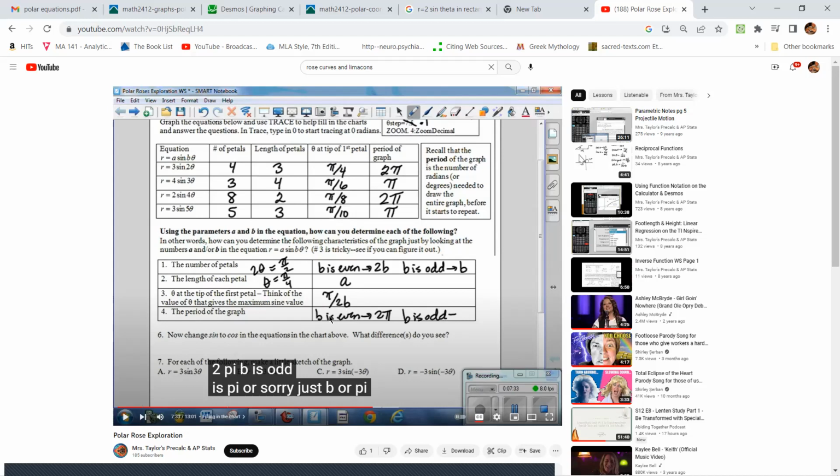That's where she got this pi halves. And you're dividing it by B, essentially, which is what we've been doing. You take 90 and you divide it by the coefficient of theta. So that's how that works.